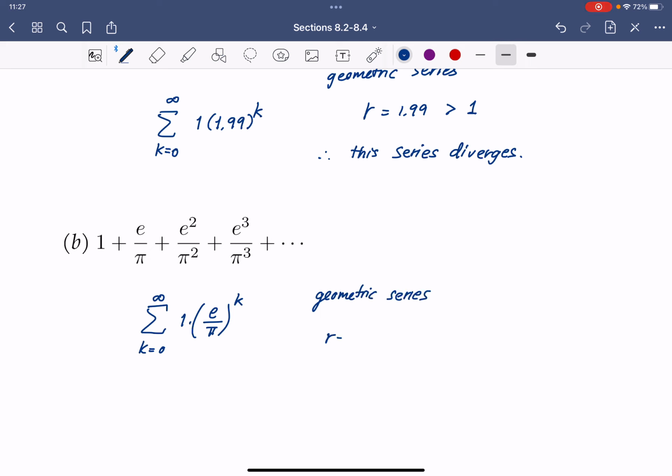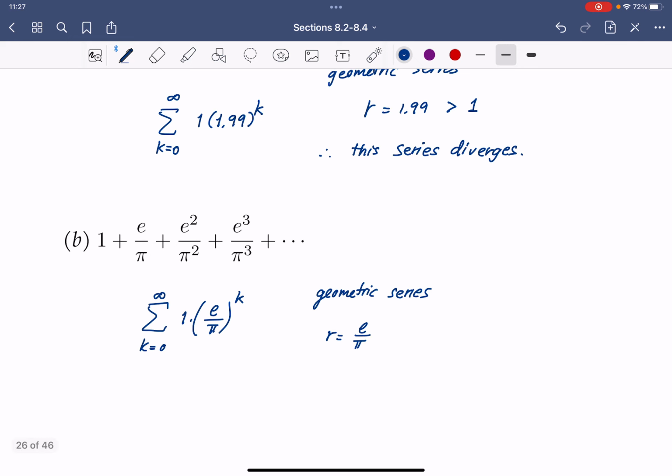And then r equals e over pi. This is less than 1, right? Because e is about 2.7, pi is about 3.14. So this should be less than 1. So this means the series converges, or it is convergent.